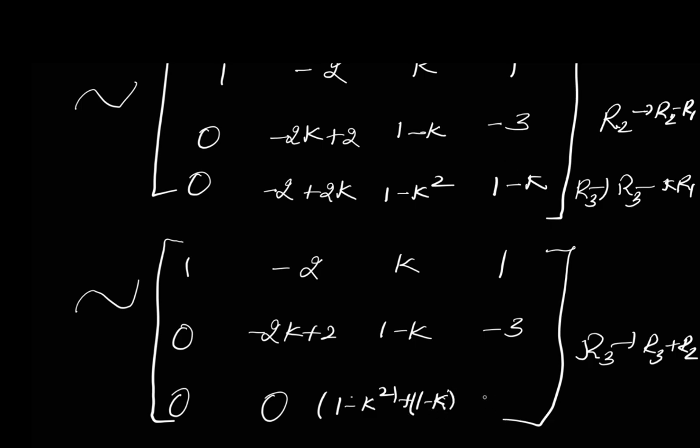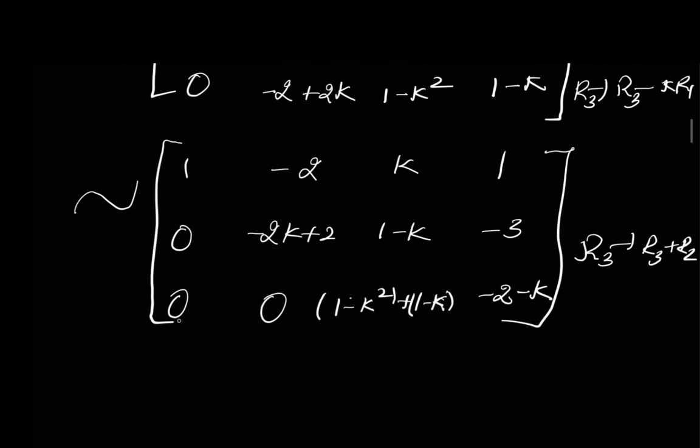And then here, minus 3, 1 minus k. So, minus 3 plus 1 is minus 2 minus k. So, in the last row, the first two entries we got as 0. Now, see here, put the bar here. So, this is the A matrix and this is the B matrix.